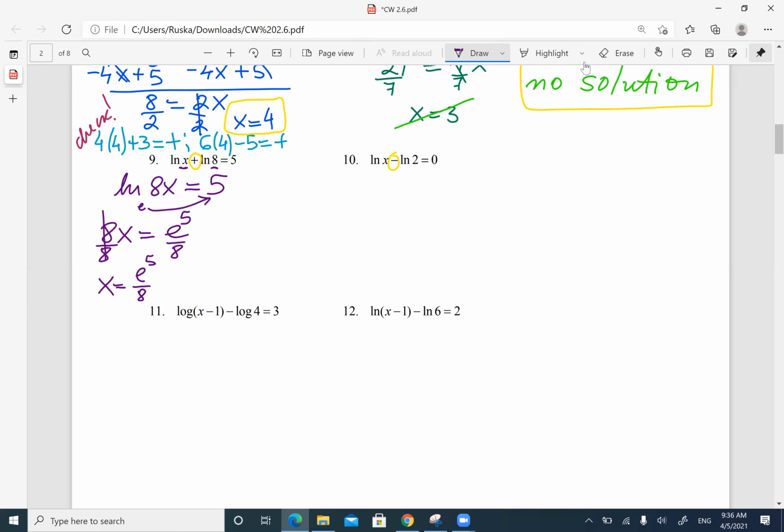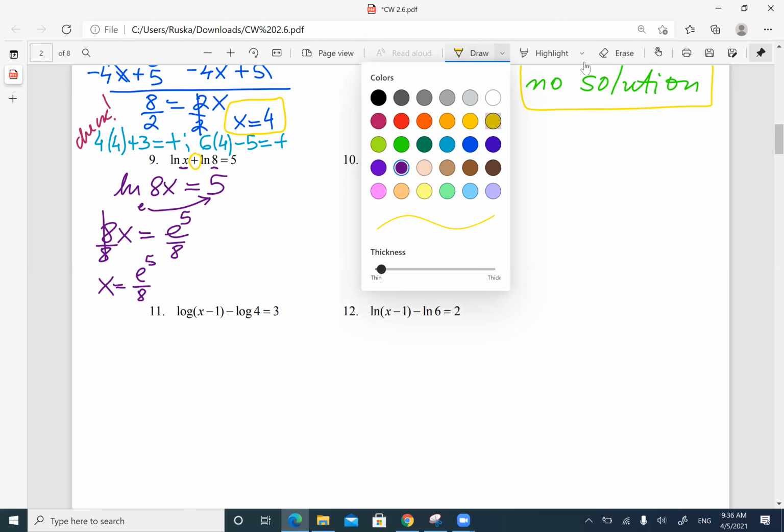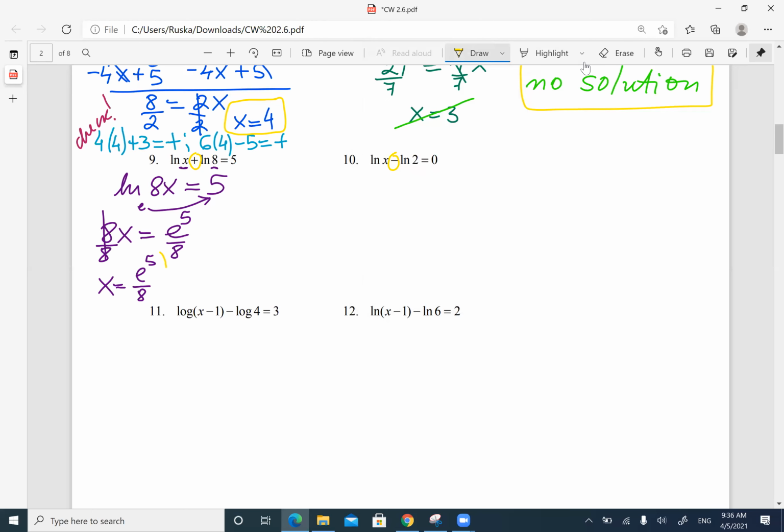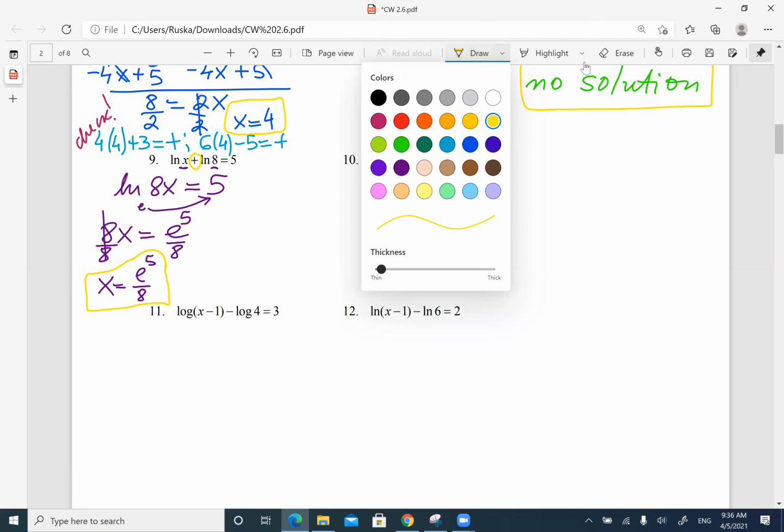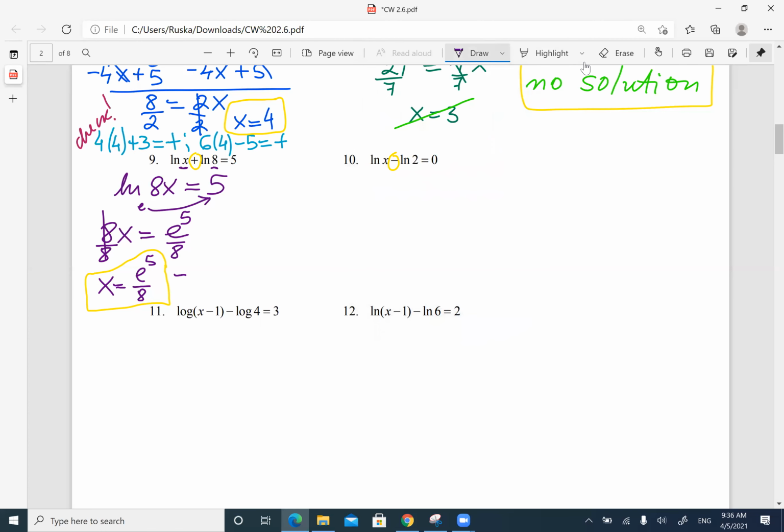Now, obviously, this is a positive number. And how do I know it's positive? Because e is positive, and when I raise it to a power, it's going to be positive. And when I divide it by 8, it's going to be positive, right? This is the exact number. If I want to get the decimal number, if I want to round this number, I can just put it in the calculator.